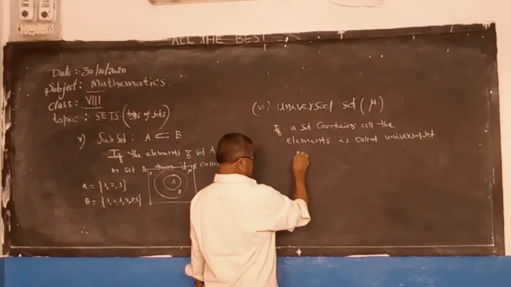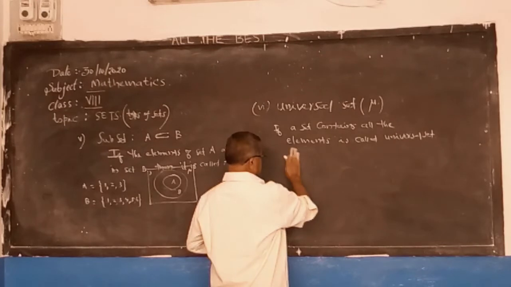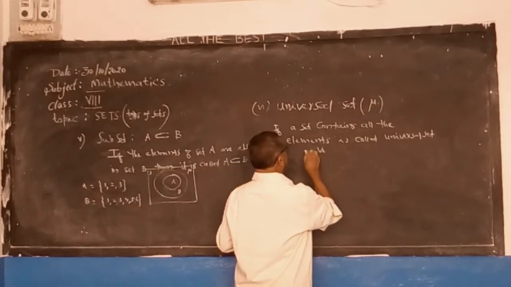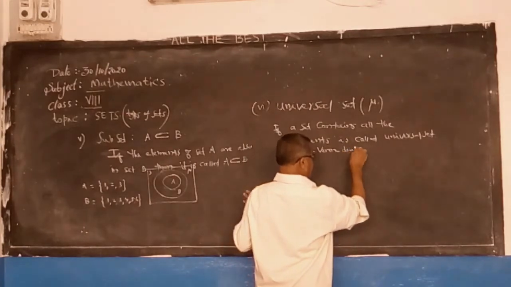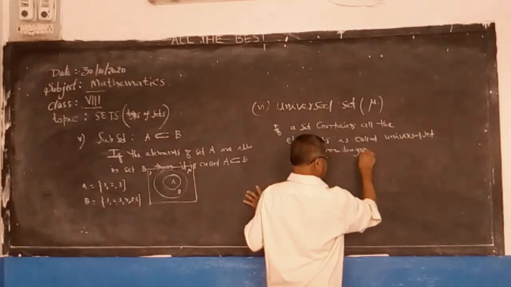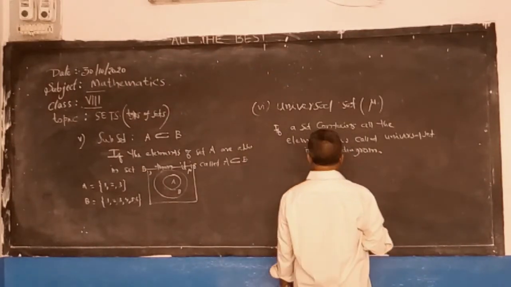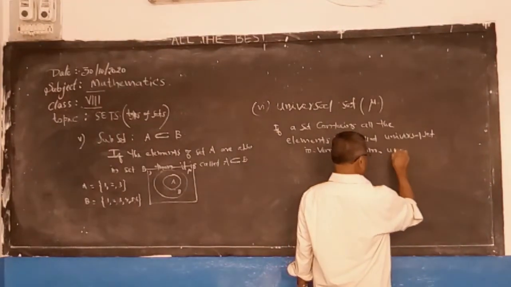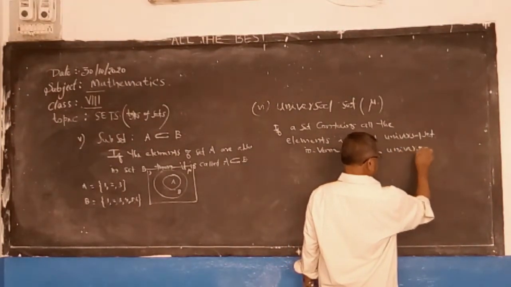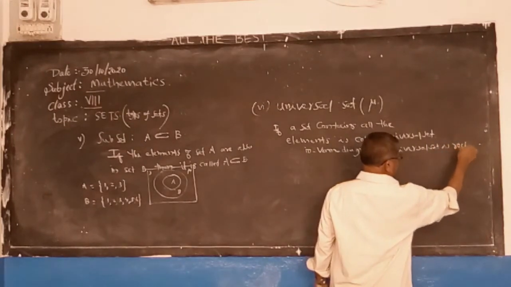We express it in a rectangle in a Venn diagram. In a Venn diagram, the universal set is a rectangle.